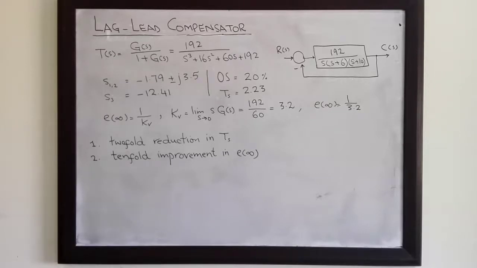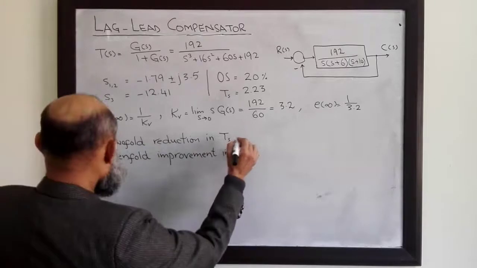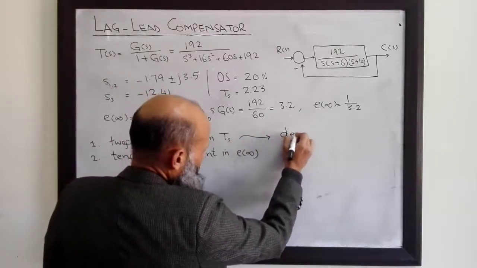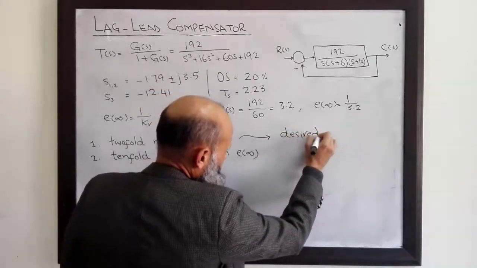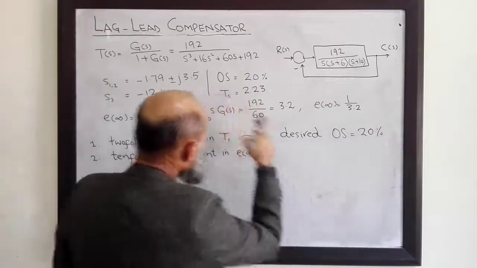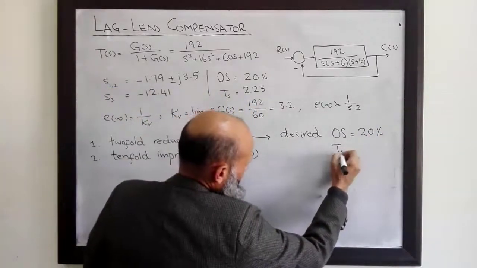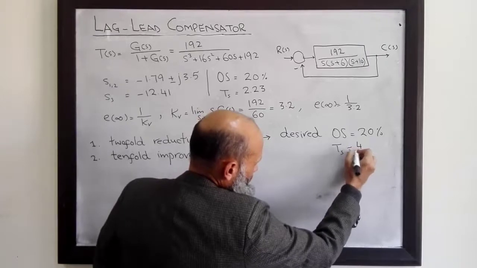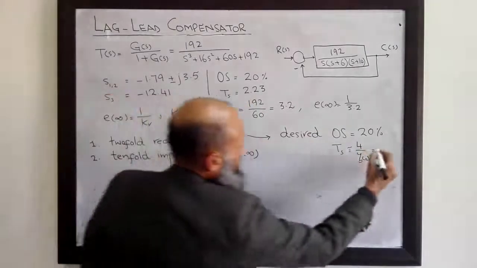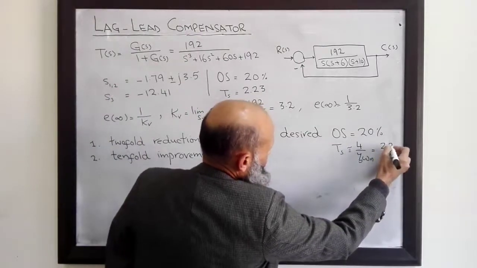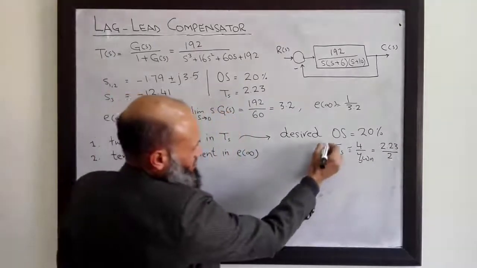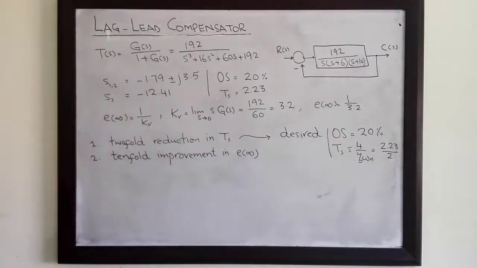What we desire is a 2-fold reduction in settling time. We are satisfied with 20% overshoot. However, settling time, which is 4 over zeta omega n, we want it to become 2.23 over 2. This is the desired settling time requirement.